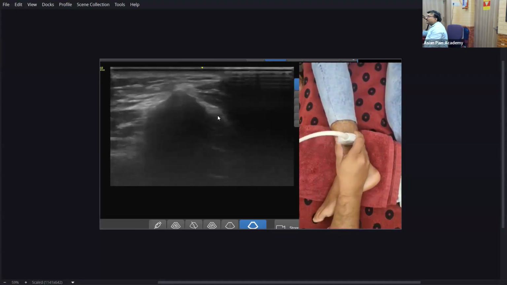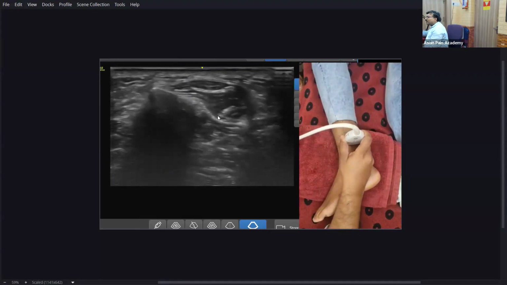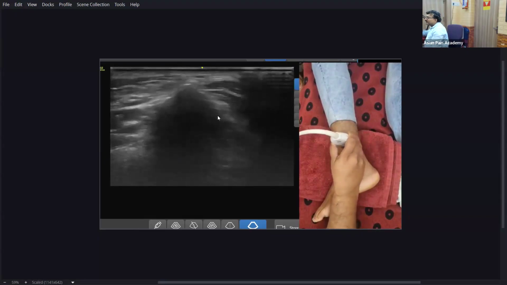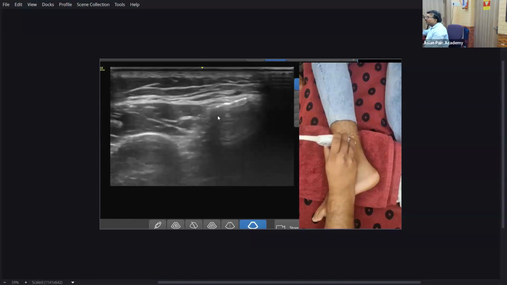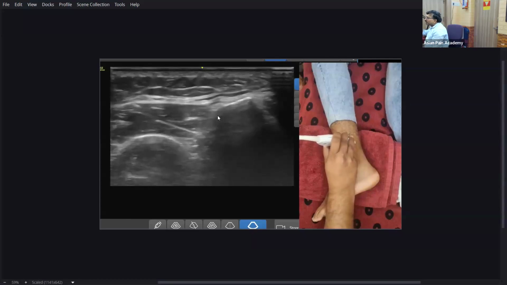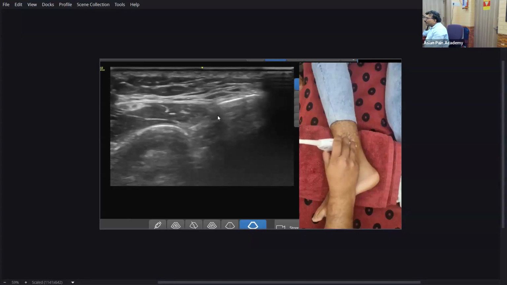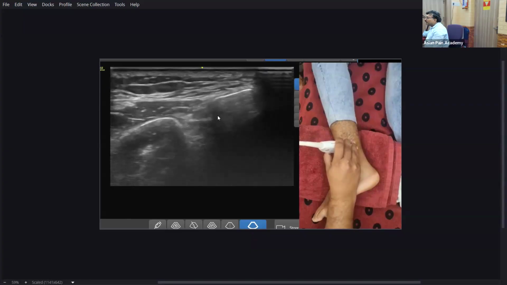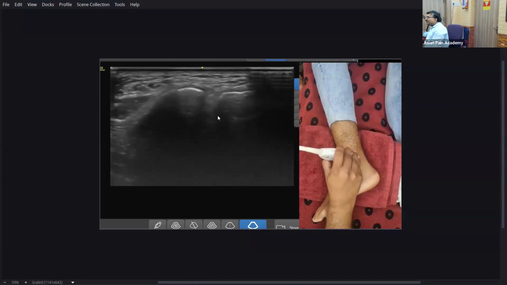Follow this shark fin shape. You can see the shark fin of the fibula. Towards the posterior side, we can see the peroneus longus and brevis. Go to the anterior side and find mainly the peroneus tertius and the flexor digitorum, and then we go down to where the tibia ends.